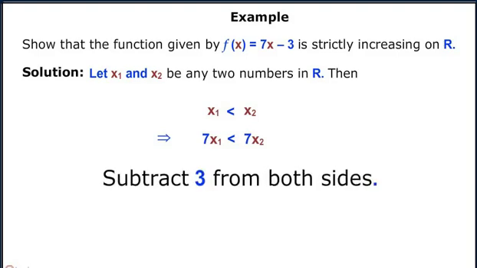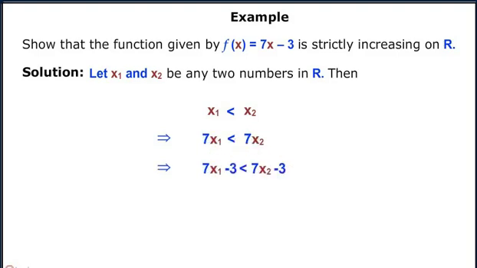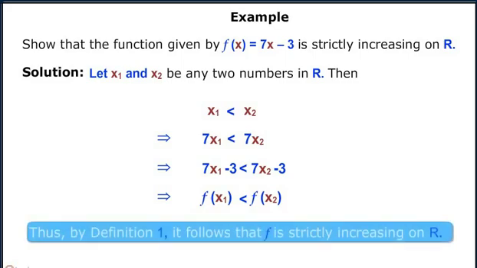Subtracting 3 from both sides, we get 7x1 minus 3 is less than 7x2 minus 3. Replacing both sides with f(x1) and f(x2), we get f(x1) is less than f(x2). Thus, by Definition 1, it follows that f is strictly increasing on R.